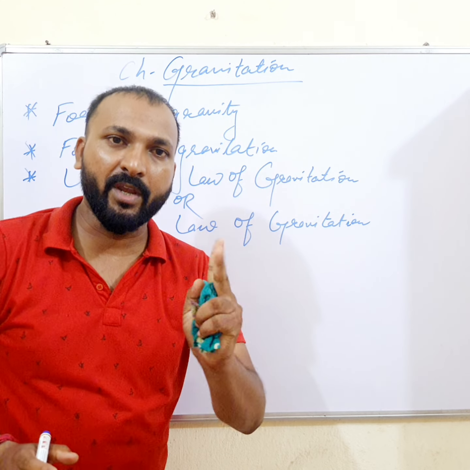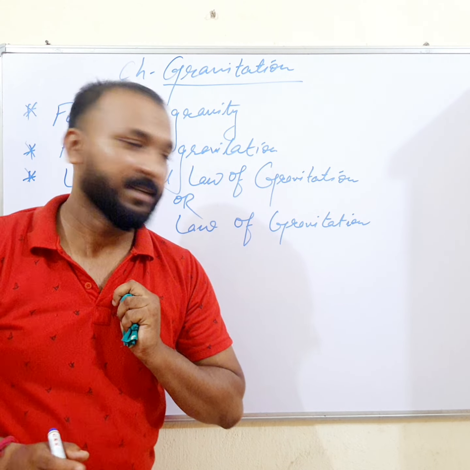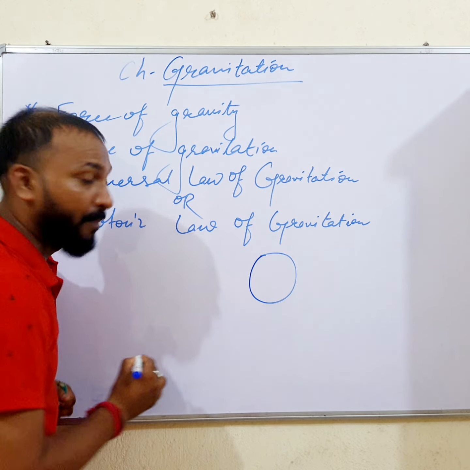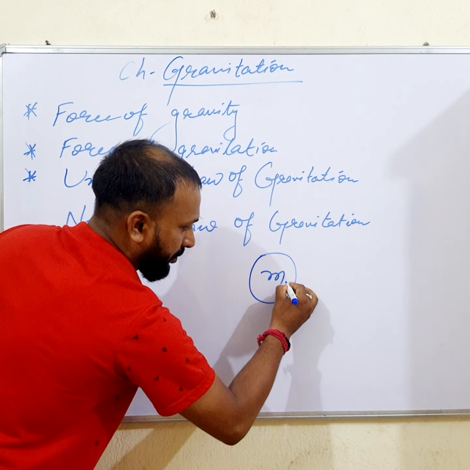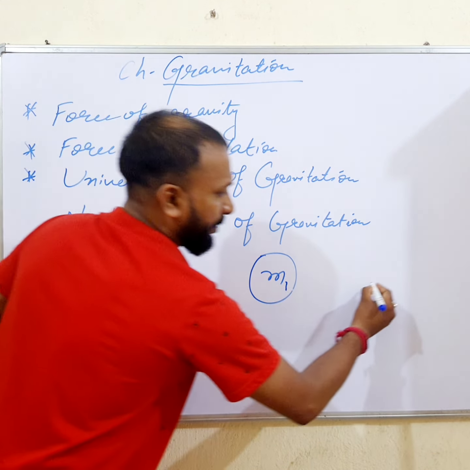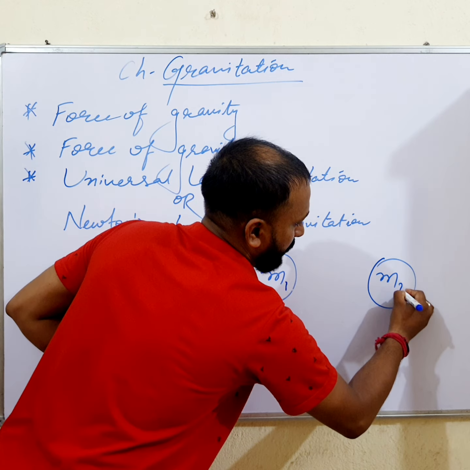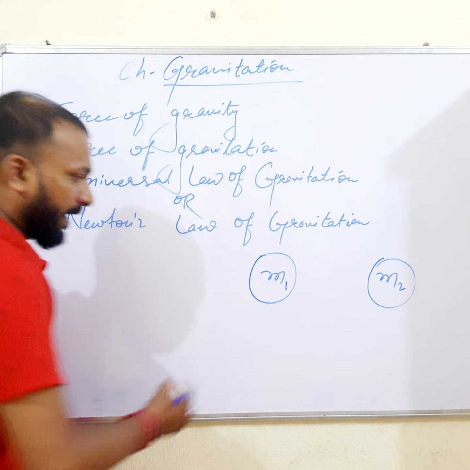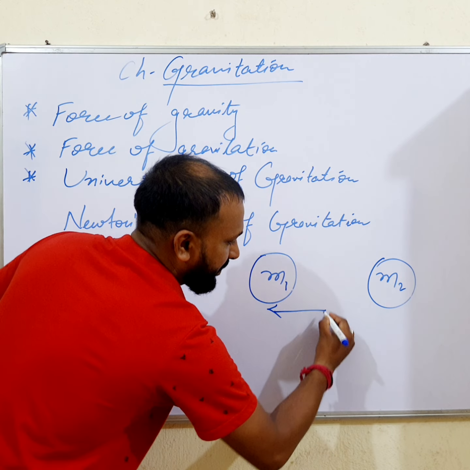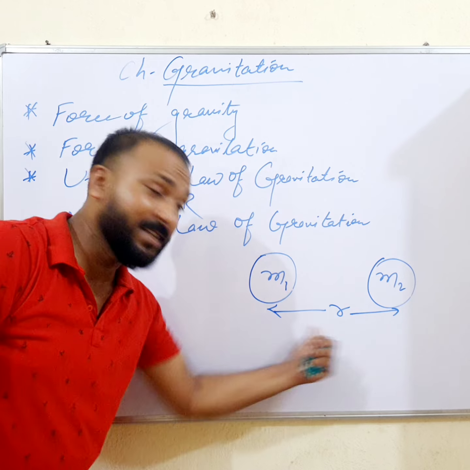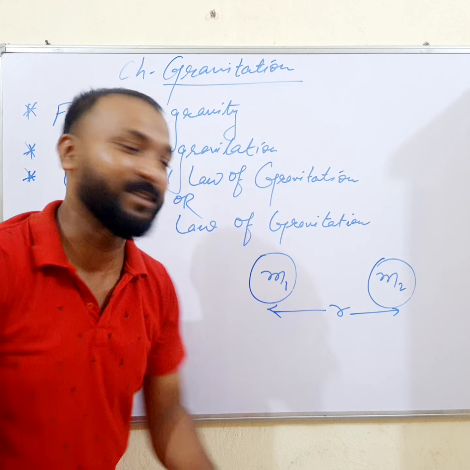Newton has taken two bodies. First, a body of mass m1 and second, a body of mass m2. They are kept at a certain distance r apart from each other, and that distance is taken from the centers of these two bodies.